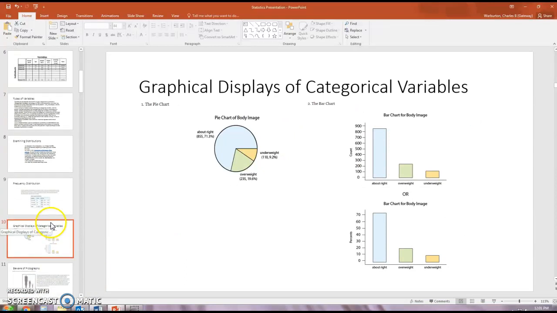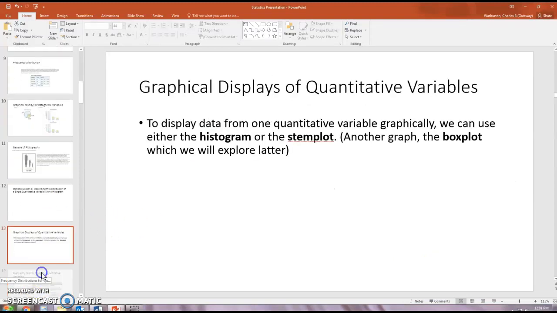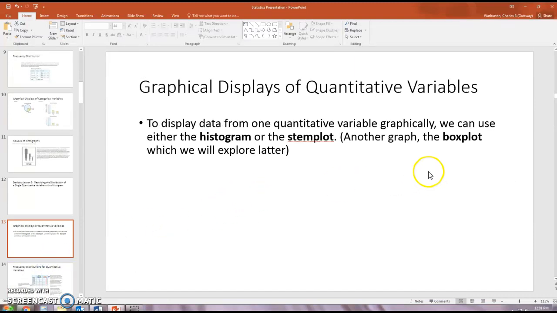Remember, we know how to describe a single categorical variable with a frequency distribution and a bar graph. Now we're going to look at how we graphically describe a quantitative variable. We can also do a frequency distribution with a quantitative variable, but that's a little bit more tricky.